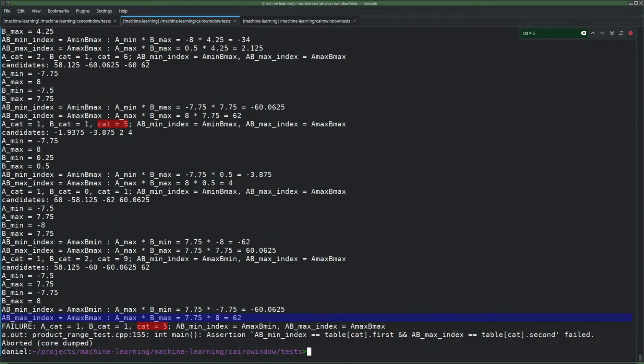Still crashes. Category 5. And it didn't skip it. Oh, it did skip it. Yeah. Okay, so now they are not anymore equal. These two are different. Okay, so I agree that the category is the same now.